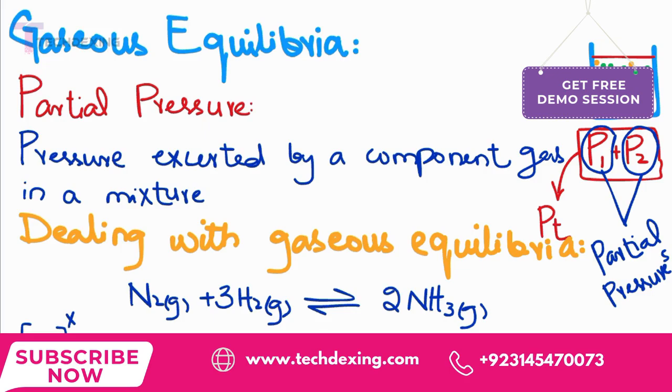Because the number of moles of hydrogen in the balanced chemical equation is 3. Okay, now I want to write for the ammonia. P NH3, and what would be the power? 2. Okay, because 2 moles of ammonia are involved in the balanced chemical equation. Got it?